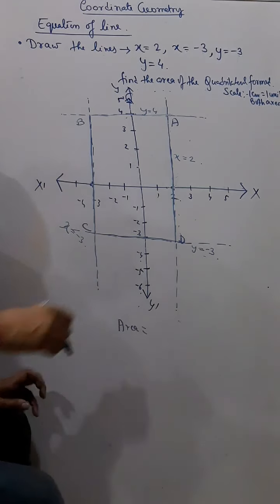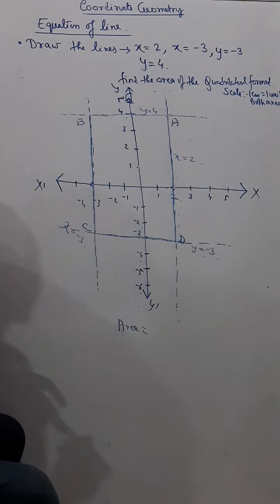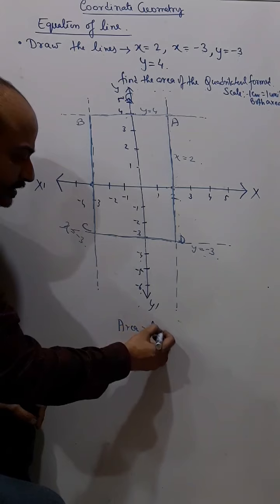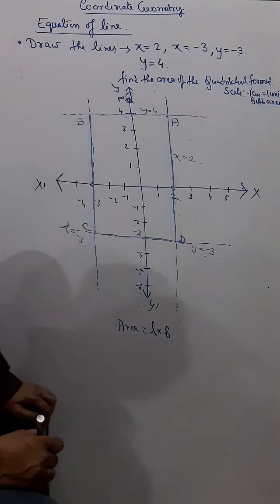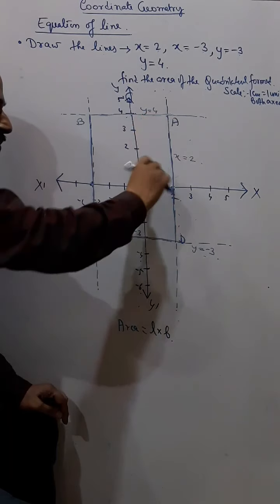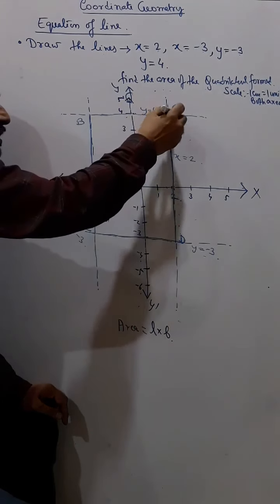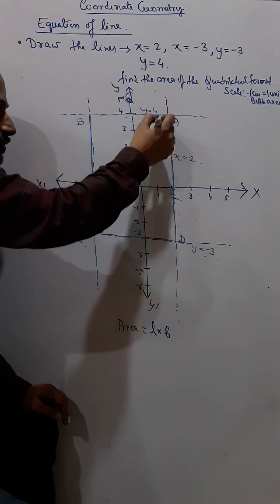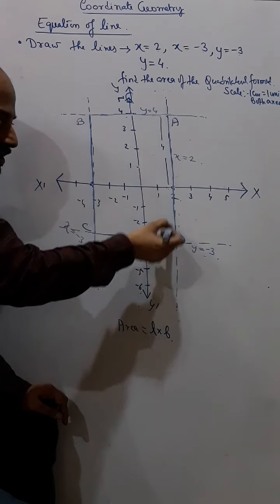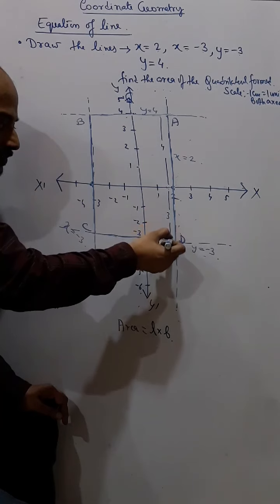Since this is a rectangle, rectangle means length into breadth. So area is equal to length into breadth. Now we can find out the length, by simply measuring: from here to here it is 4, and from here to here it is 3, right?